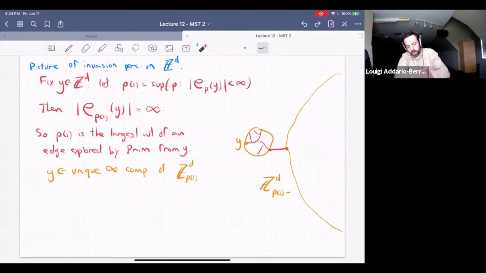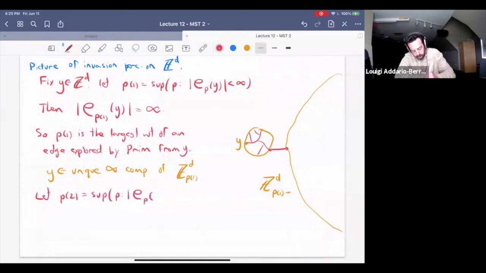But now I can take another step and ask, what's the next largest edge that it ever explores? So let P2 be the largest value of P such that, let me call this far endpoint here y1, so if this edge is x1, y1, then the largest value of P such that the component of y1 is finite.